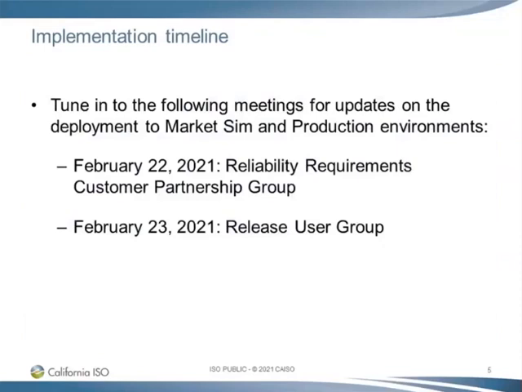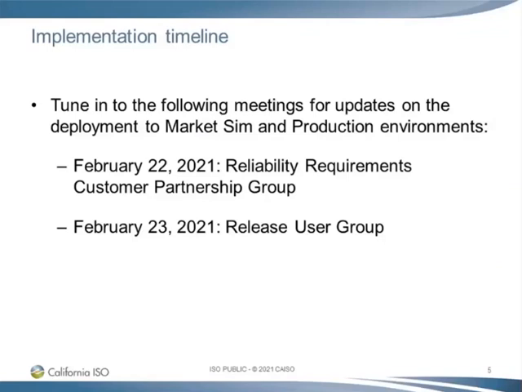With regard to the rollout of the CIRA enhancements, the implementation timeline is still a little bit in flux. I don't want to give you a new date today and then have it change. So what we decided was that if you tune in to the meetings next week that we're having on this topic, February 22nd, we've got the Reliability Requirements Customer Partnership Group, and you'll get more information there on when we're going to be deploying into Market SIM.